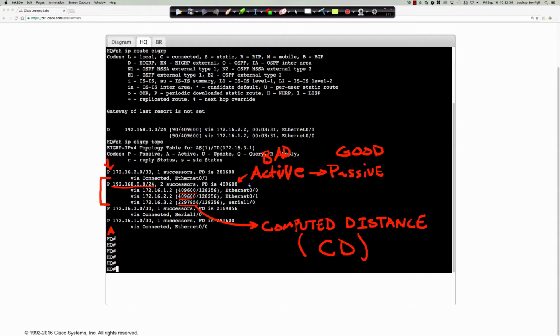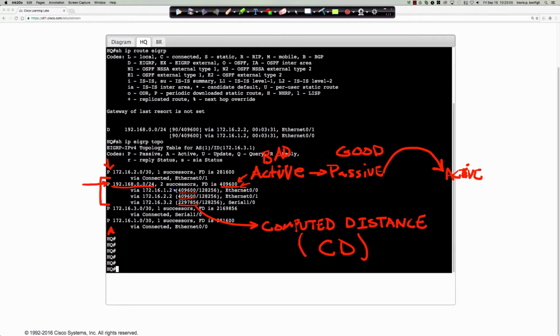So that is when the feasible distance value is set, and it will stay set until that successor route transitions from passive back to active. Then, and I keep spelling active wrong, and that's terrible there. Then it will be recalculated, because when it goes active, the topology for that successor route is reconverging.